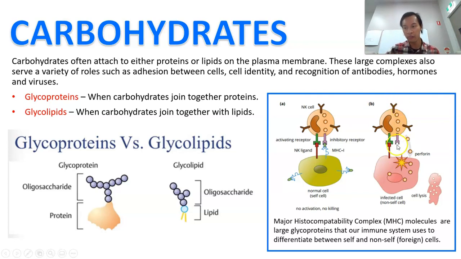If there is no MHC molecule attached on, say, an infected cell or a bacterial cell, it's going to trigger a different response in your white blood cell, releasing enzymes that come in and attack and kill this non-self cell. So that's how carbohydrates play a really important role on your cell surface.